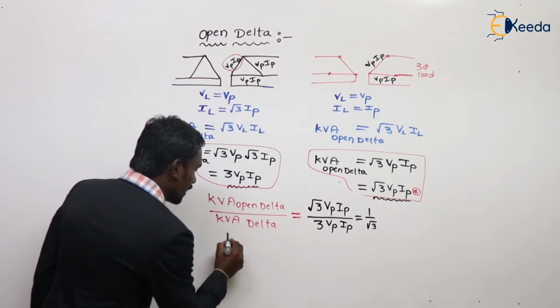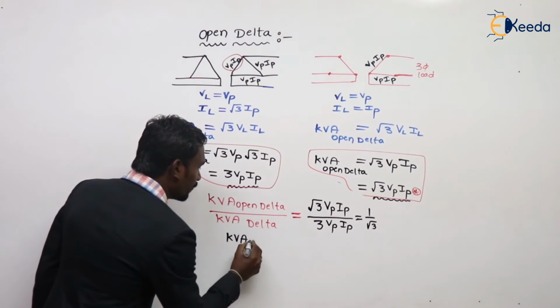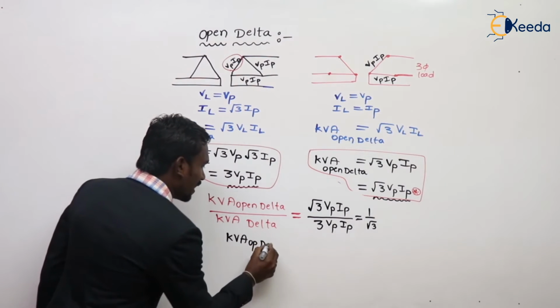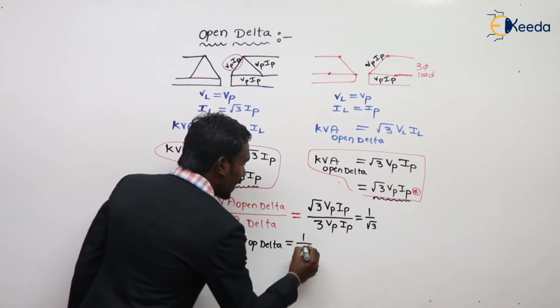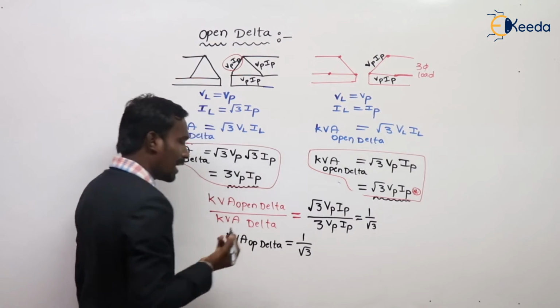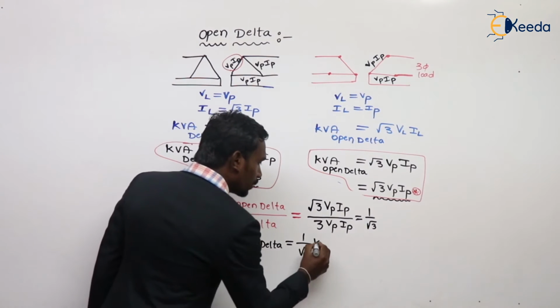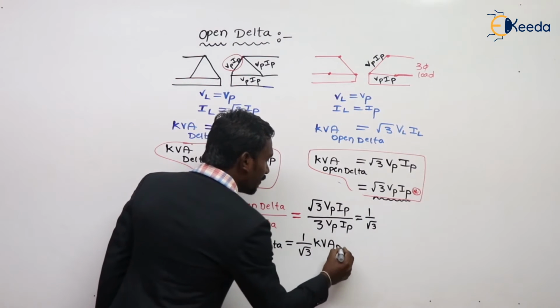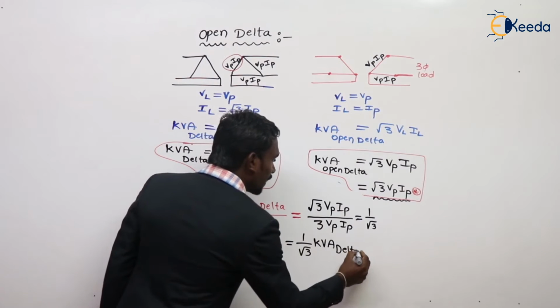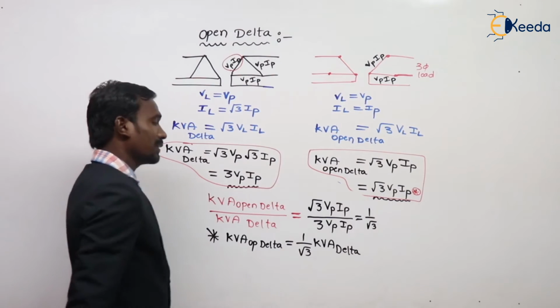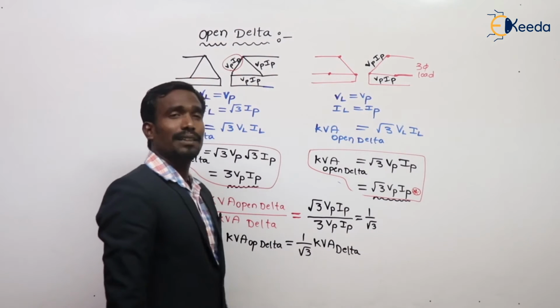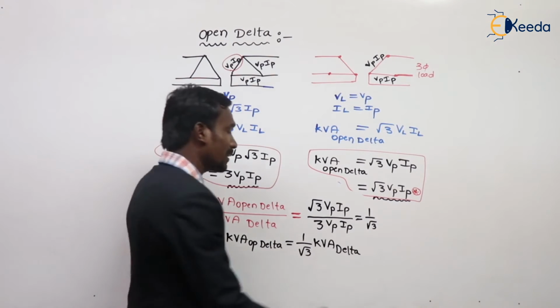Nothing but the kVA rating of open delta is equal to 1 by root 3 times the kVA rating of delta.